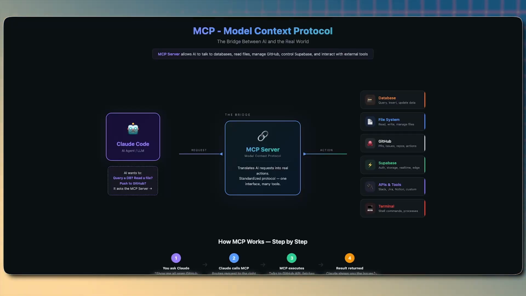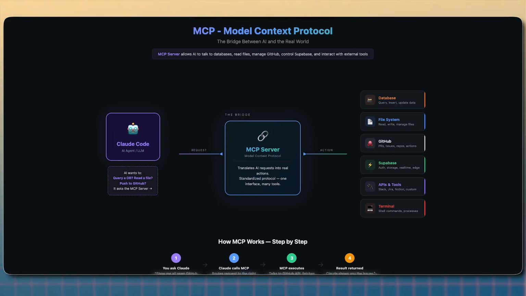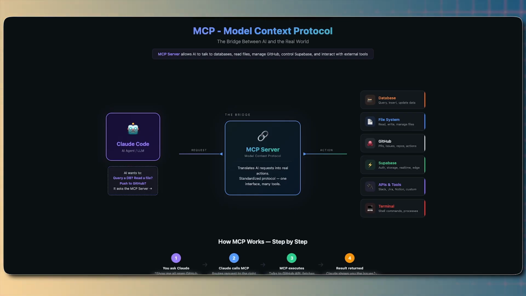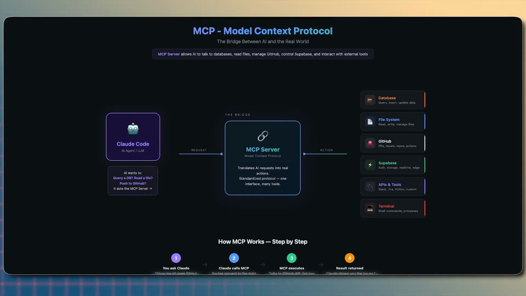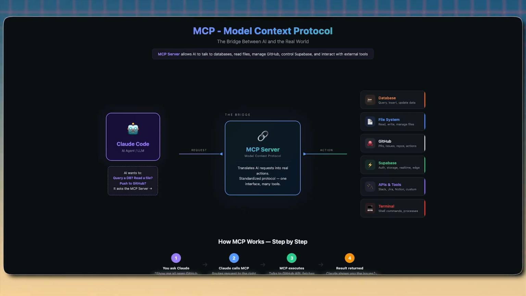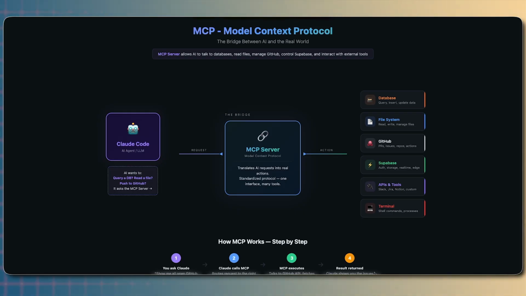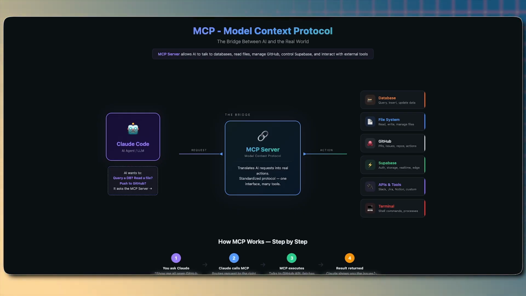Claude Code's built-in tools are really very powerful, and we already discussed them in our previous video. But what if you need Claude to directly interact with external tools? At that time, we use MCP. MCP stands for Model Context Protocol, and it is basically a bridge between AI and external tools and real-world systems.